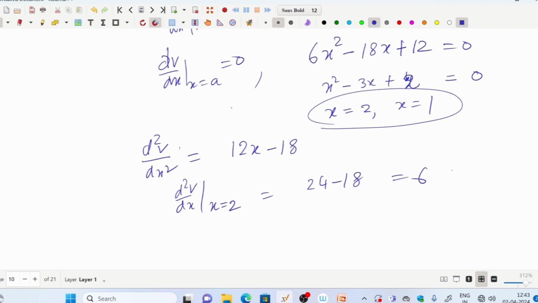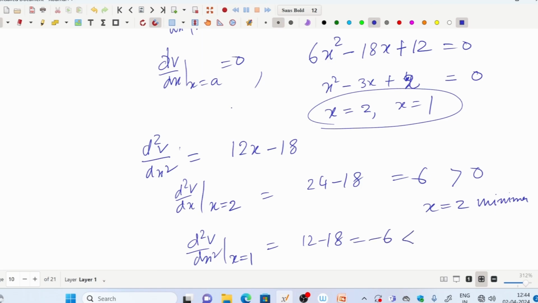So, it is greater than 0, and x equal to 2 will be the minima. Let us check whether x equal to 1 is also a minima, but it is not. You can immediately find d2V/dx square at x equal to 1 is 12 minus 18, so minus 6, which is less than 0. So, x equal to 1 is a maxima of the potential.